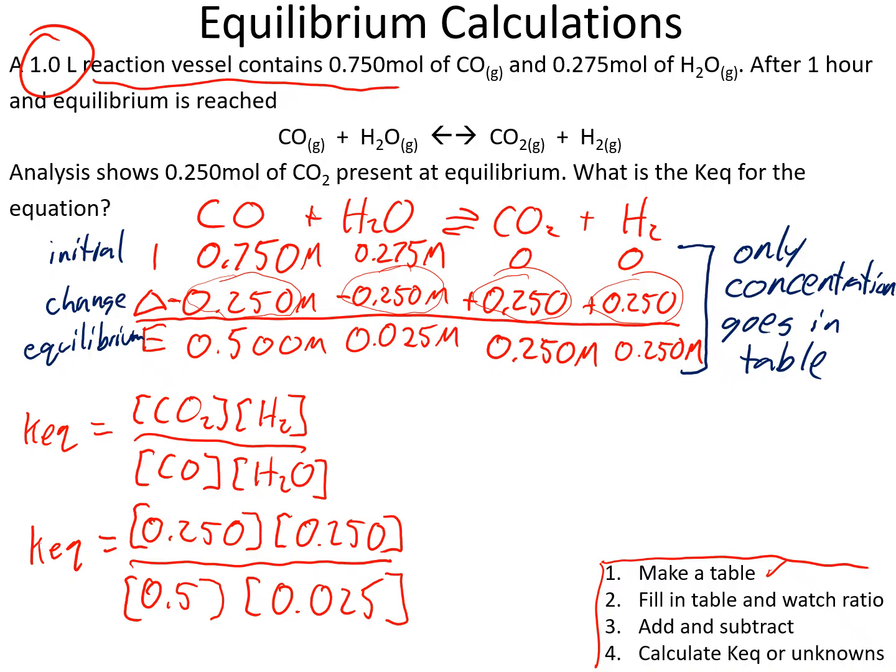And now I just have to calculate my unknowns. Okay? And so now I just have to put this into my calculator and write KEQ equals 0.25 times 0.25, or 0.25 squared, divided by 0.5 and divided by 0.025. And I get the value of 5.